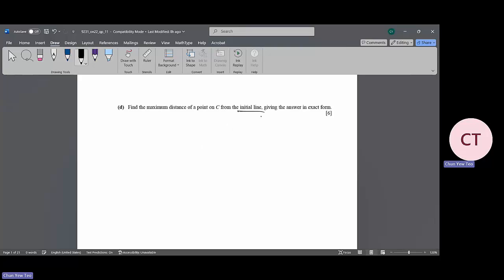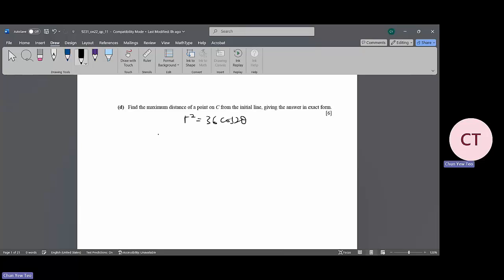Okay, so from the initial line means this is the initial line. Theta equal to 0 is the initial line. So we are looking for the maximum distance, y max. So it will be dy d theta equal to 0. So we start from here.